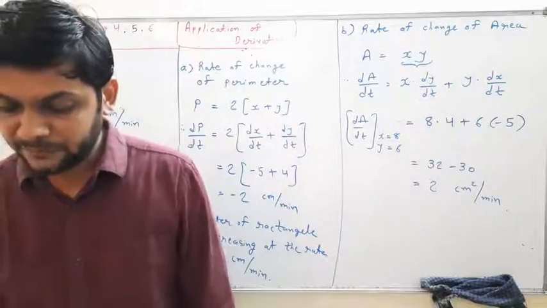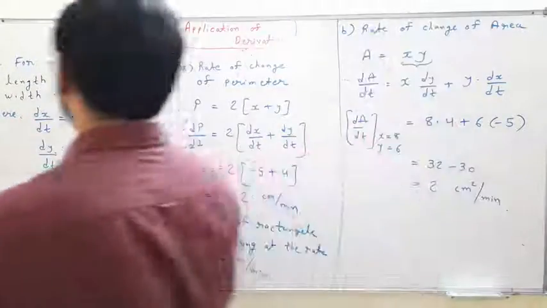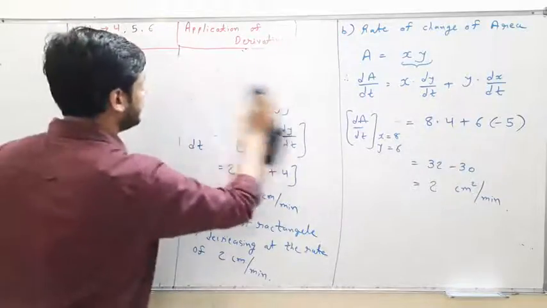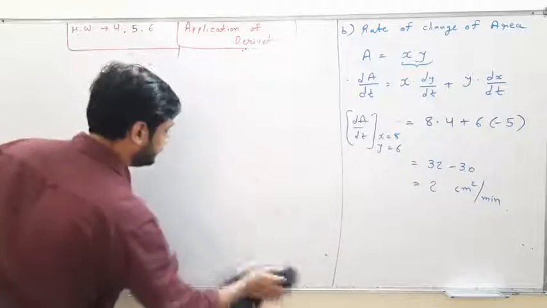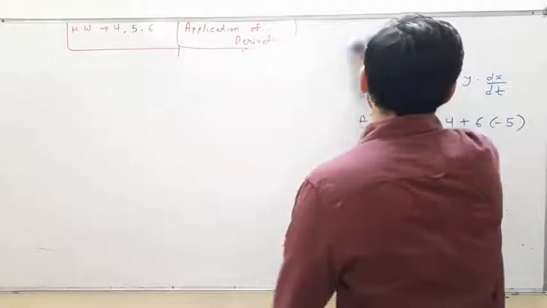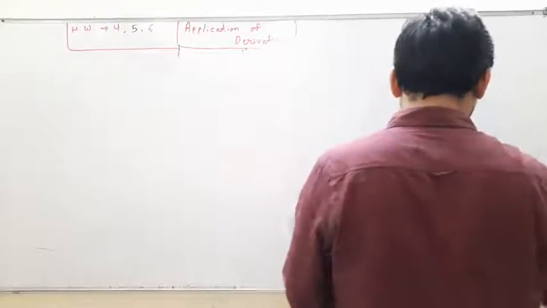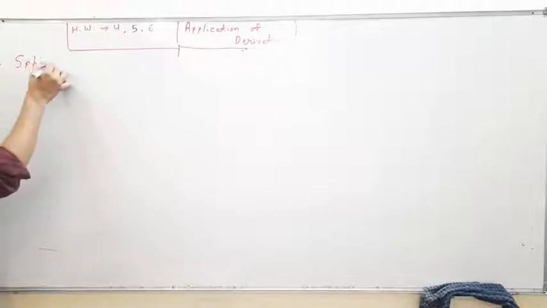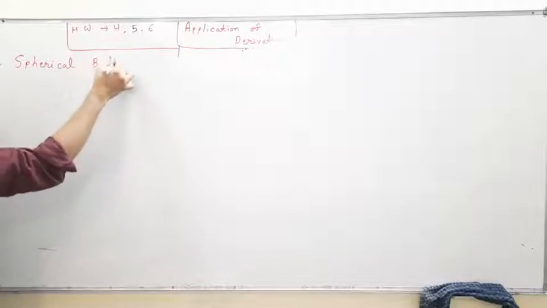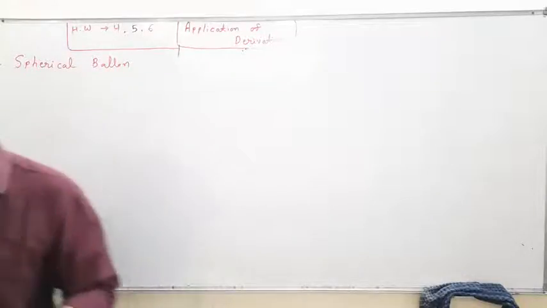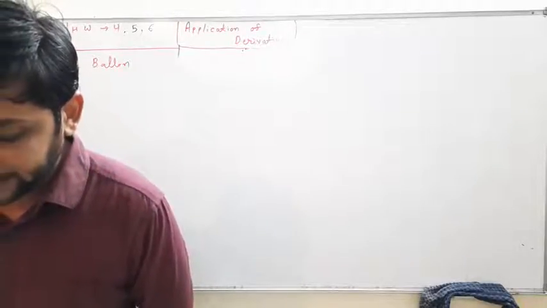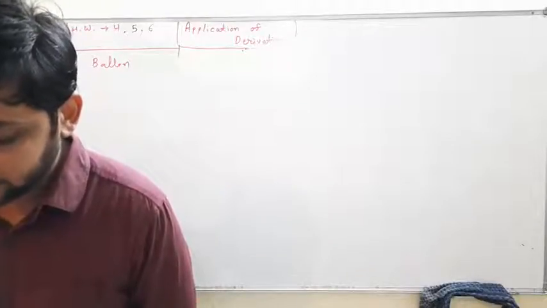Question number 8. A balloon which always remains spherical, meaning here we have to consider a sphere. A spherical balloon on inflation is being inflated by pumping in 900 cubic centimeter of gas per second.